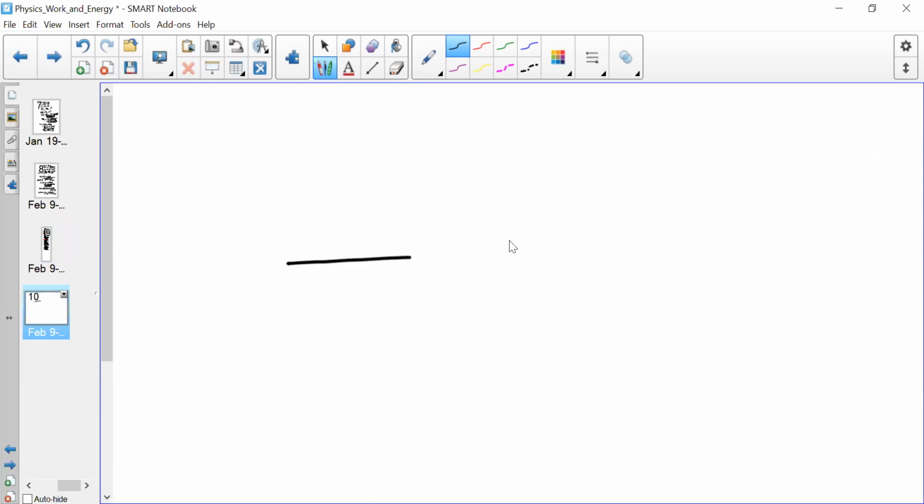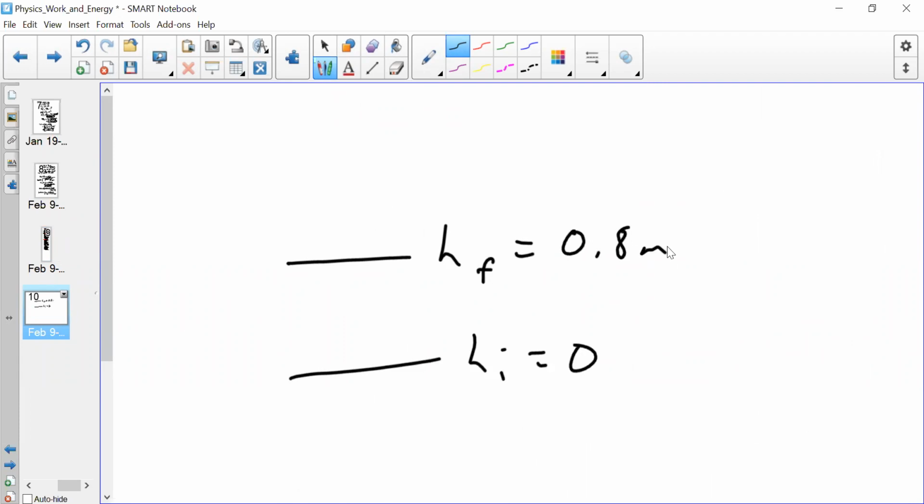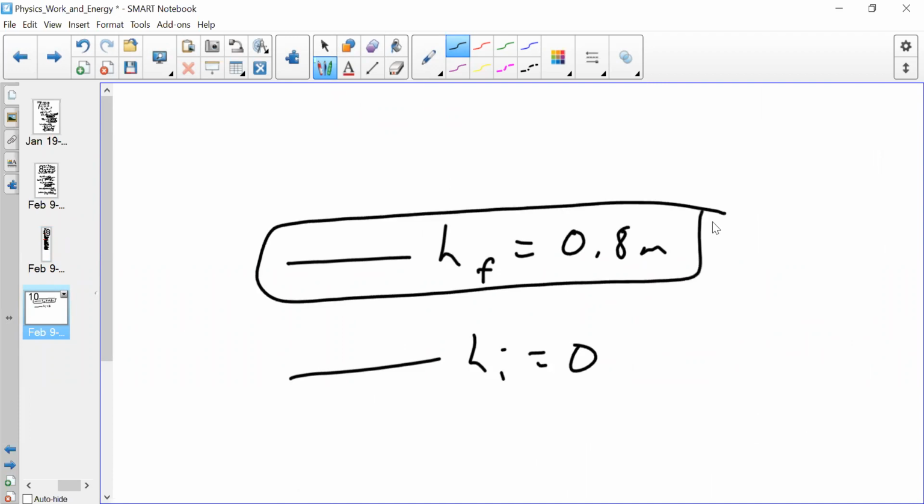All right, so for the desk, we're going to go from the ground, which is our 0, and the desk is going to be 0.8. So that should be fairly easy. We want to find the potential energy at this point, but in this case, the change in height is the actual so-called height, final minus initial. So the height is going to be 0.8.